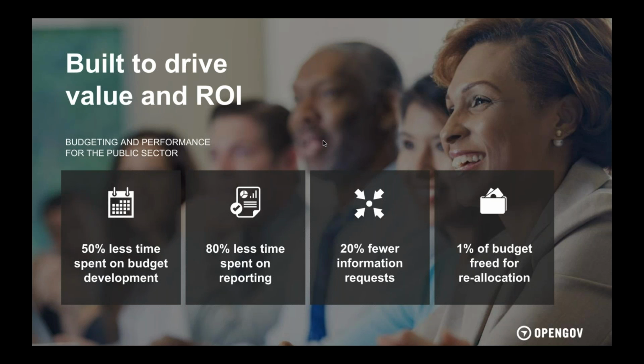Yes. So OpenGov is a budgeting tool. Our cloud software allows governments to go through their budgeting process, both the ongoing expenses and capital budgeting, and that is integrated with workflow.